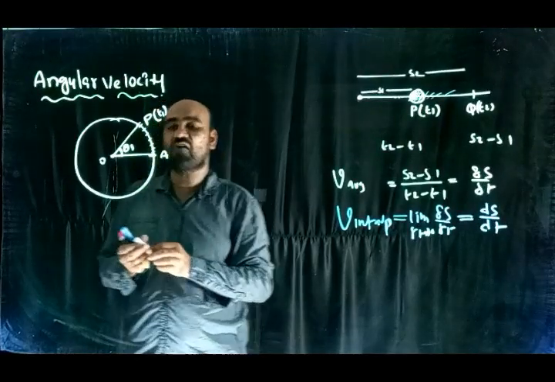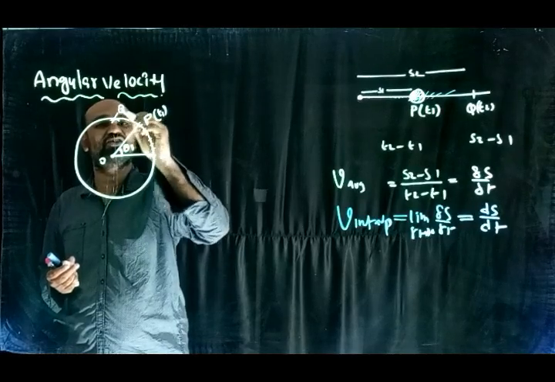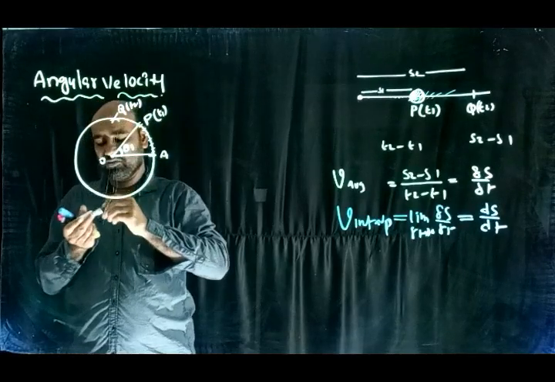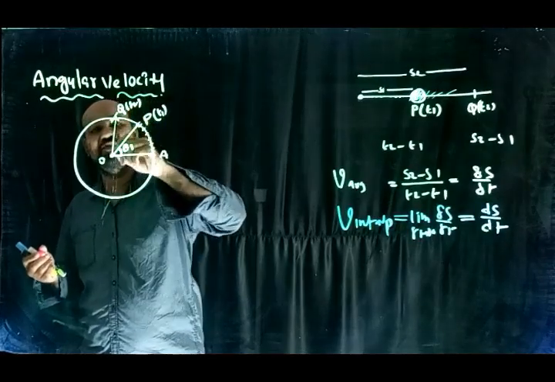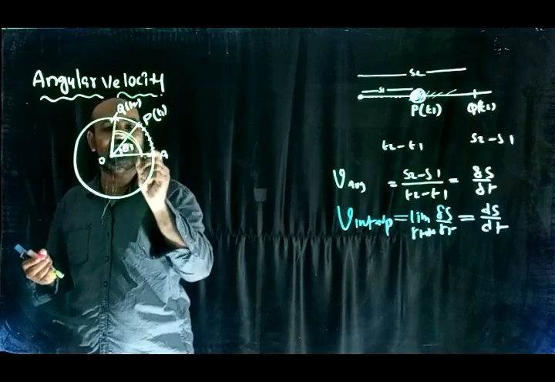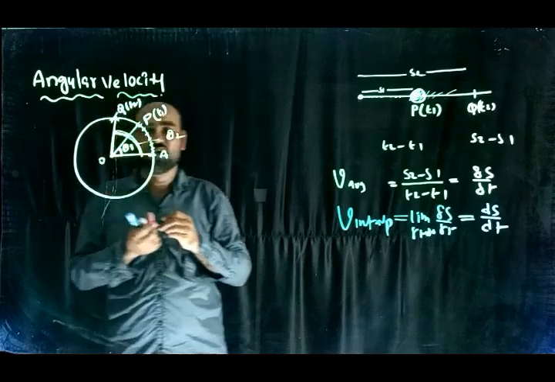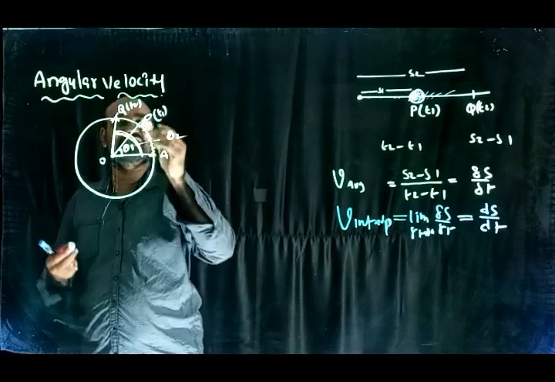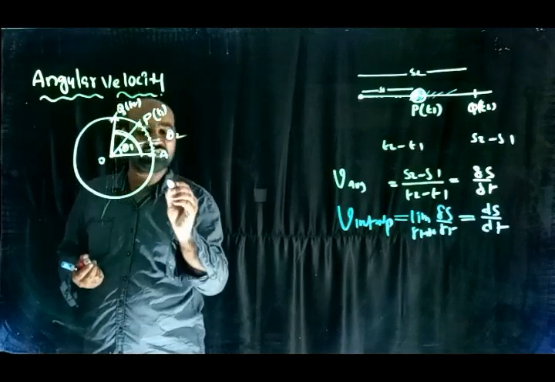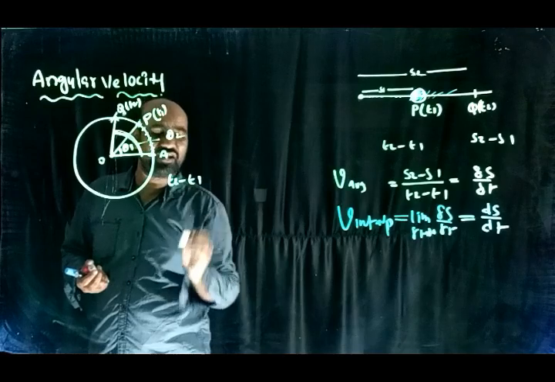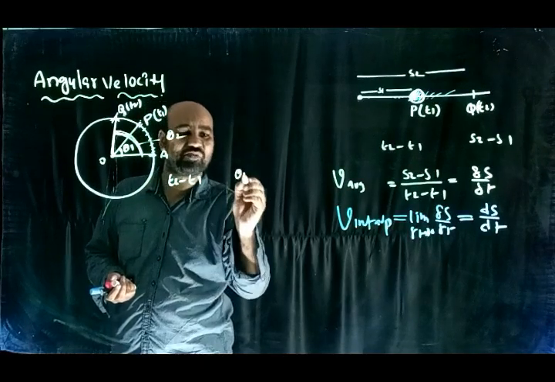After t2 seconds the particle is at Q, and the angle made by the particle is taken as theta 2. Now I want to find what change happened in the angle in the time interval t2 minus t1. That is theta 2 minus theta 1.